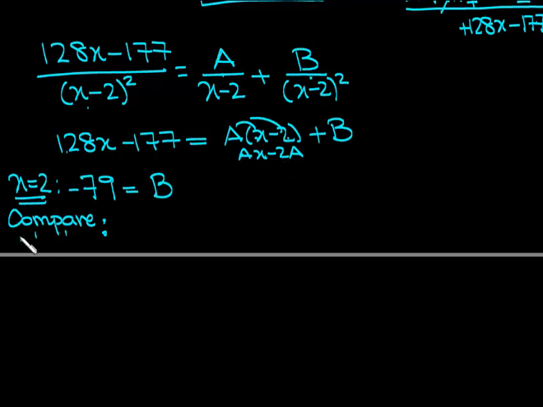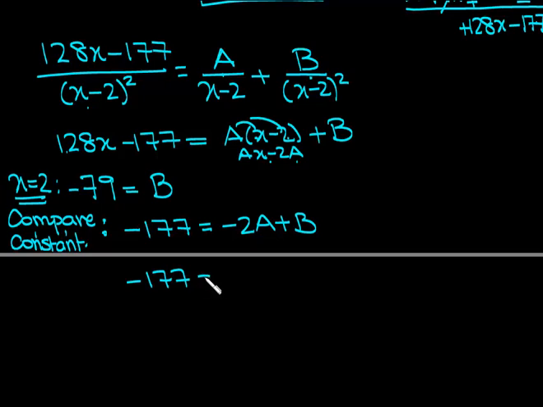So I'm going to compare the constant term, the term that doesn't have a variable, on the left, which is minus 177, and on the right I'll compare the constant term, anything that doesn't have an x in it, so it's negative 2A plus B. This doesn't have an x in it. I do know B is 79, so I get negative 177 is equal to negative 2A minus 79.